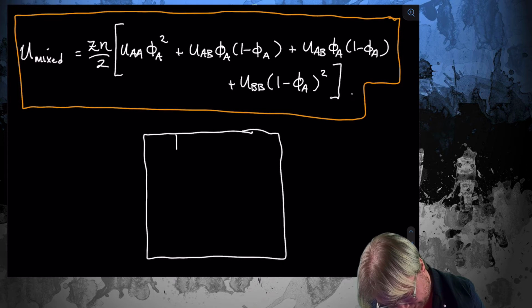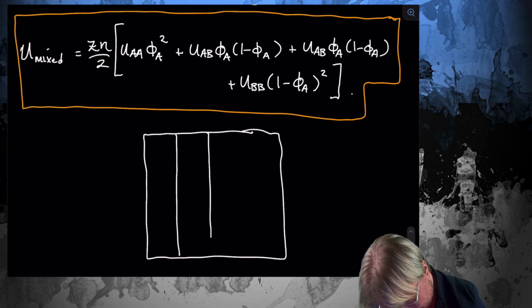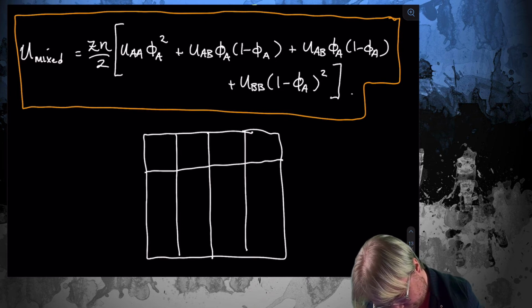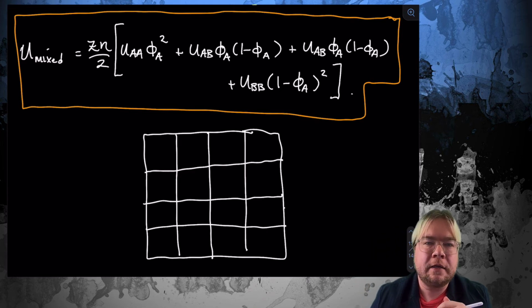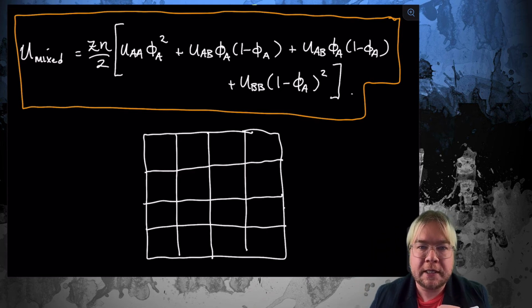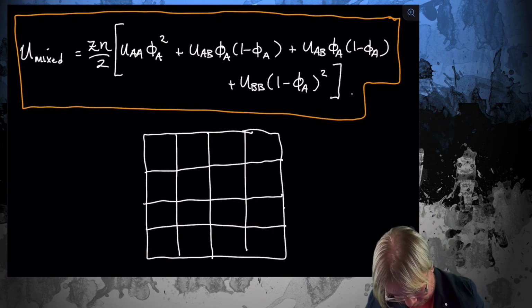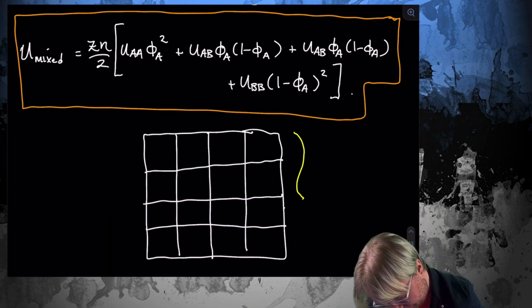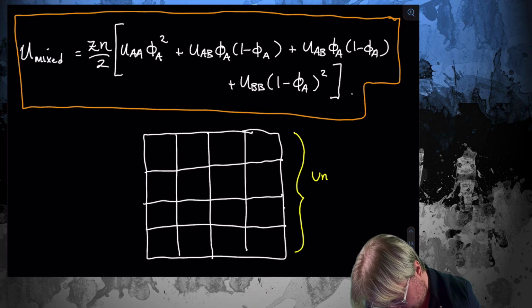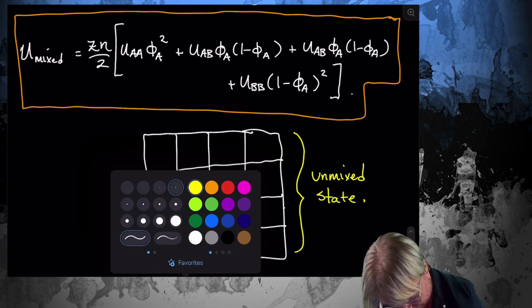So if I was to look in the unmixed state, I would get something like this. It would look almost exactly like the system I drew when we were discussing the entropy of mixing. So this in the unmixed state is going to look something like this.